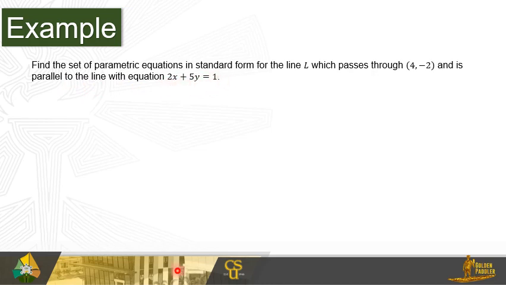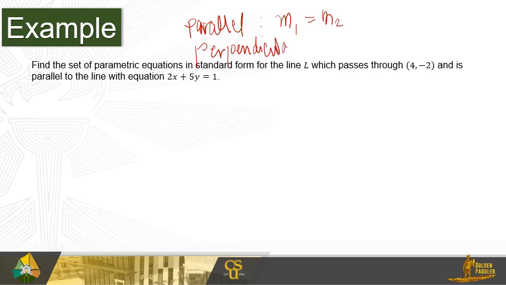Kung nag-involve ng parallel at perpendicular na line, alam naman natin pag parallel, yung slope ng dalawa ay equal, but pag perpendicular, ang slope ng isa ay negative reciprocal ng isa.